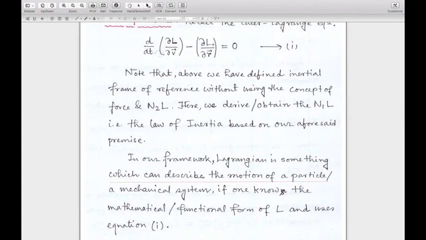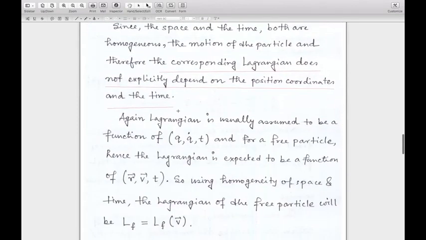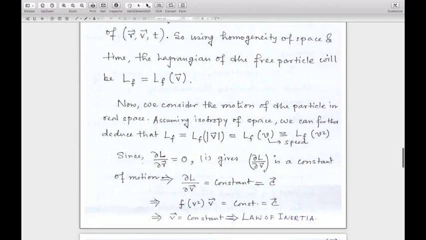Now we said that L will be independent of r, so this term will be 0. So d/dt of ∂L/∂v will be 0 as well. So ∂L/∂v will be a constant of motion. Now L, in general, although we have not said anything, whenever we discussed the method of calculus of variation, we always somehow tacitly assumed that L is a scalar.